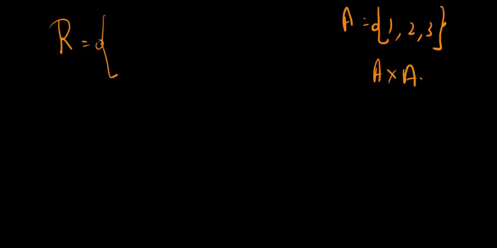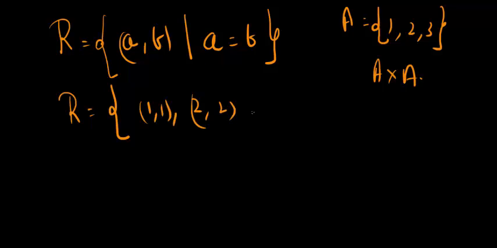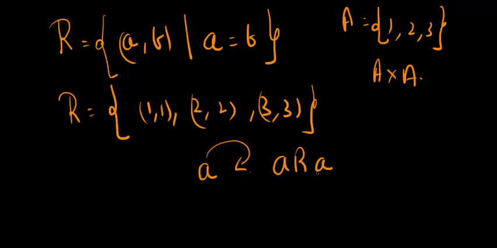Now let's go ahead and define this relationship R. Pick up ordered pairs (a, b) such that a is equal to b, and a and b both belong to the set A. So what are the ordered pairs belonging to this? (1,1), (2,2), (3,3). So this is an identity relation. It is a relation where the element a will be related to itself and not to any other element.